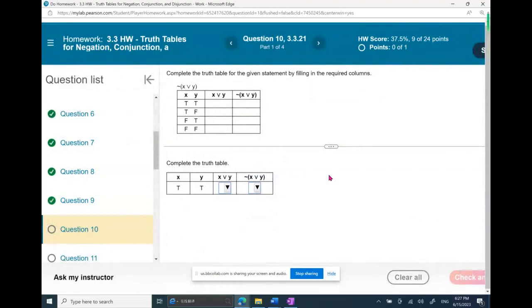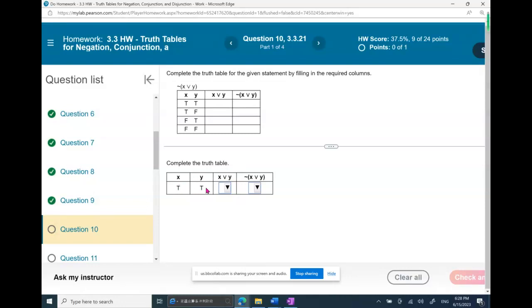All right, let's continue. Question number 10. Instead of using P and Q, now they are using X and Y. Same thing: lowercase letters are used to represent simple statements. Column 3 here is a disjunction of the two components preceding it.